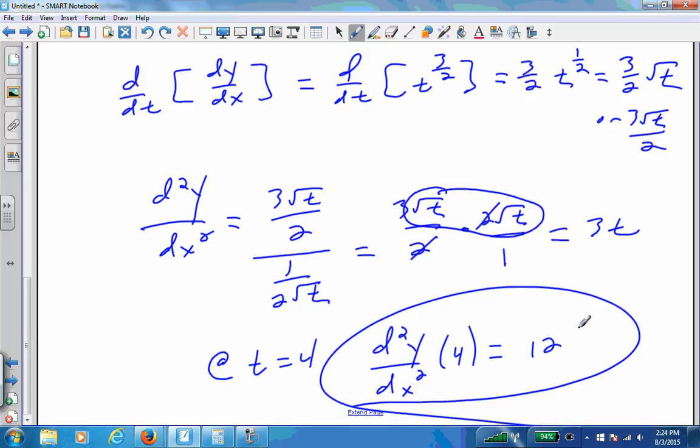Right, that's positive, so that'll be concave up. So that's finding slope and concavity.